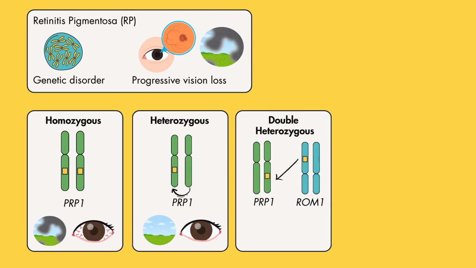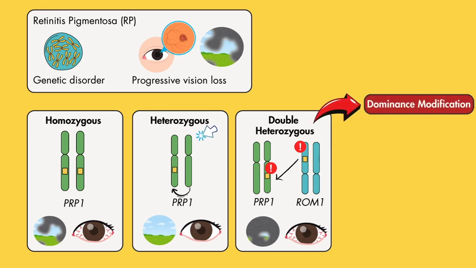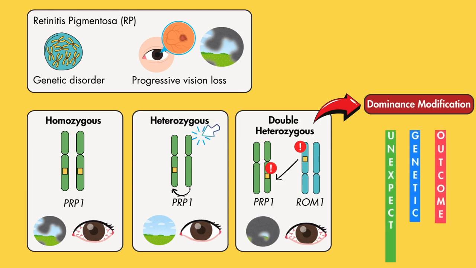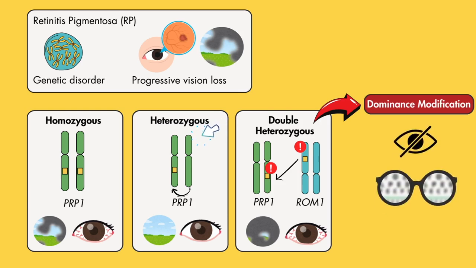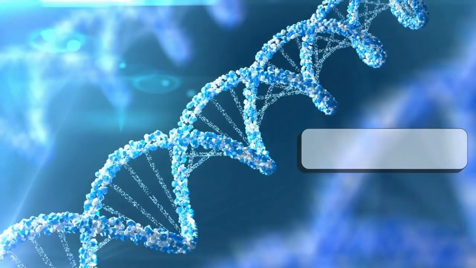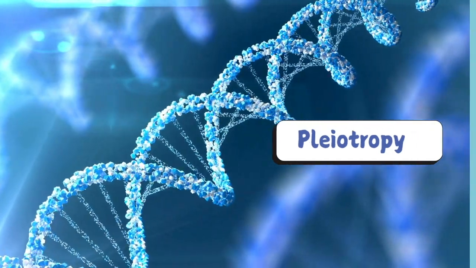This interaction between the modifier gene and PRP1 influences the phenotype of the PRP1 gene, leading to the development of retinitis pigmentosa, even though the PRP1 mutation alone might have been harmless in its heterozygous state. This example demonstrates how dominance modification caused by modifier genes can result in unexpected genetic outcomes such as progressive vision loss in retinitis pigmentosa.